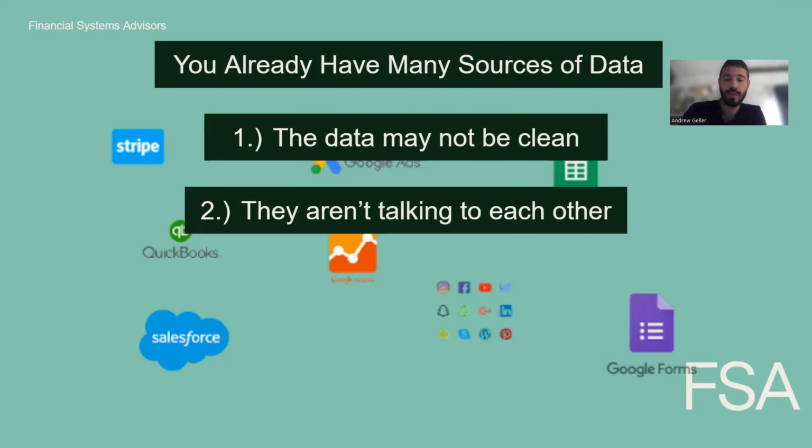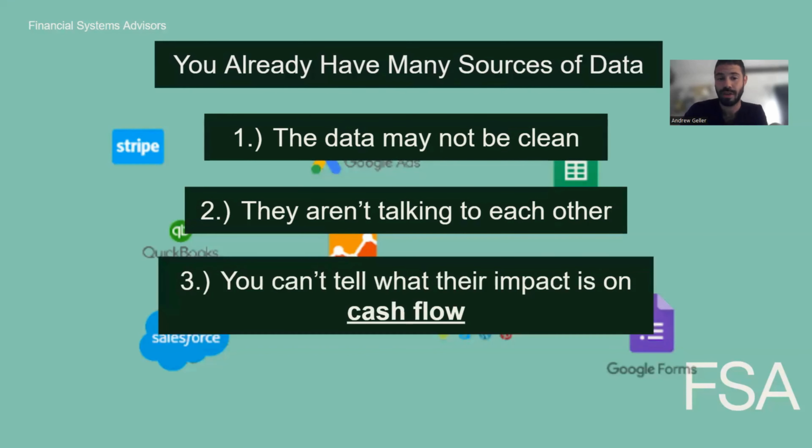So you have information from Google Analytics, but it's not telling you anything about how that's affecting your overall cash flow, or your data from social media. They're all coming from one place. You look at each of them, and that's great, but it's limited on what you can do with that information because really you can't tell what their impact on cash flow is, let alone your overall valuation, which is actually what we're going to talk about in the next part.